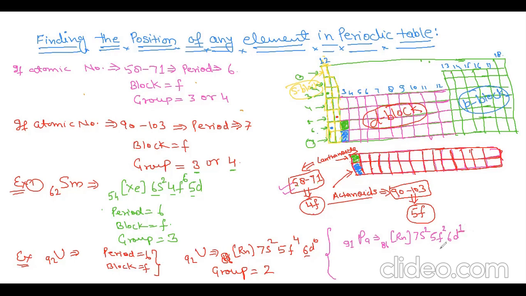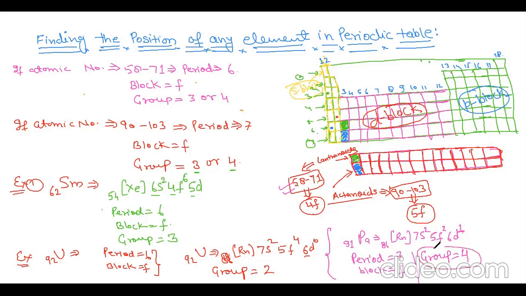Here the element belongs to 90 to 103, that means period number is fixed, period is equal to 7, block is fixed, the f block. Then group number: here one electron is coming in the d orbital, so this is group number 4.